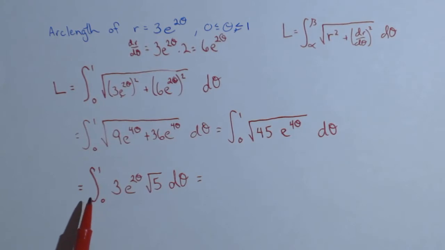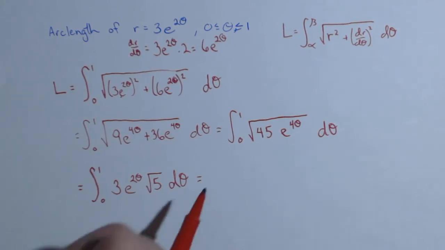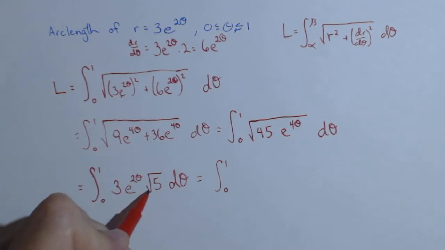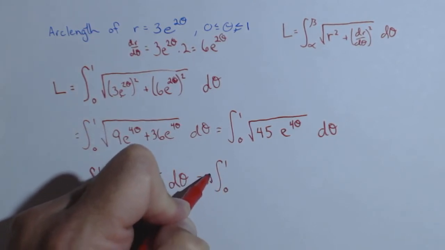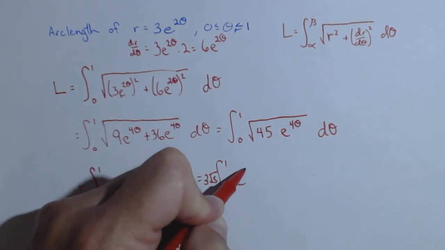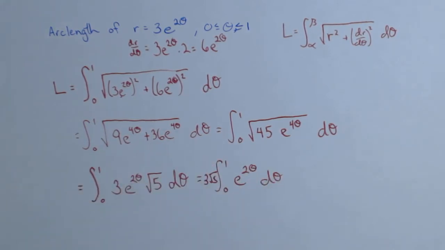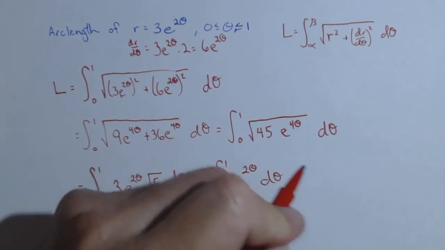Now what I like to do is pull any constants out of my integral. So 0 to 1. I'm going to pull the 3 square root of 5 out, and it's now just the antiderivative of e^(2θ) dθ.